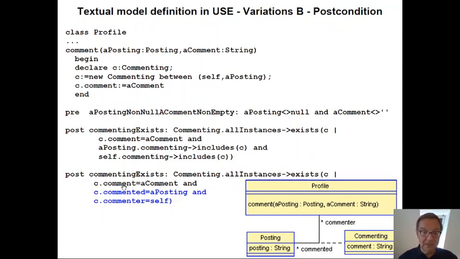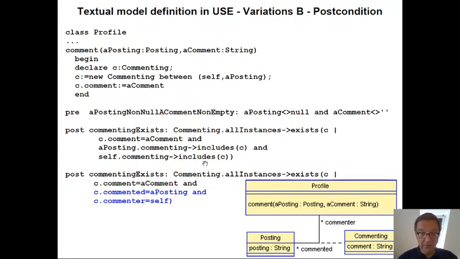And what is changed in the new postcondition is that the navigation from one side of the link to the other is now not done starting from posting or starting from self, but the navigation is done from the C object.